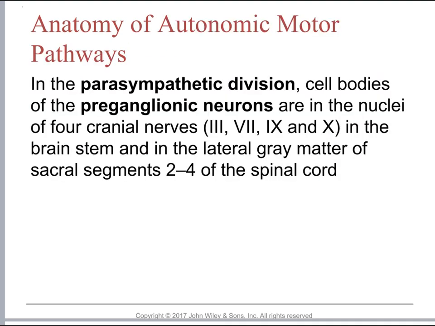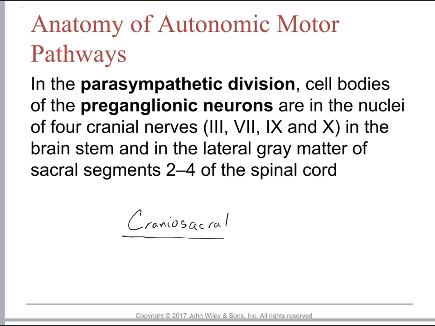Next is the parasympathetic division. Now, the cell bodies of the preganglionic neuron are located in the nuclei of 4 cranial nerves, 3, 7, 9, and 10, in the brain stem, and in the lateral gray matter of sacral segments 2 through 4 of the spinal cord. Now, we're going to give another name to this division as well, and it is called craniosacral.